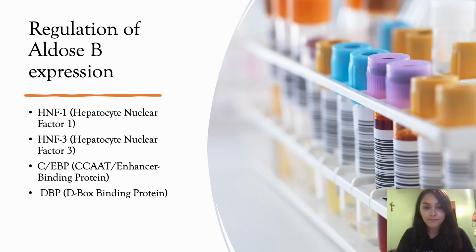HNF3 beta, in particular, has been implicated in the regulation of aldolase B expression. HNF3 beta binds to specific regulatory regions of the ALDOB gene and activates its transcription, thereby promoting the expression of aldolase B in the liver.